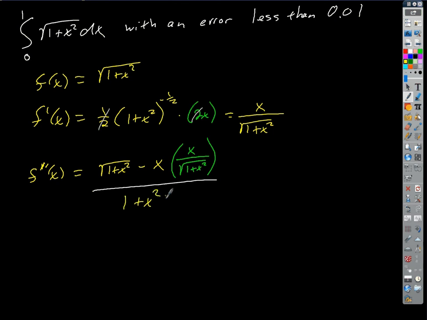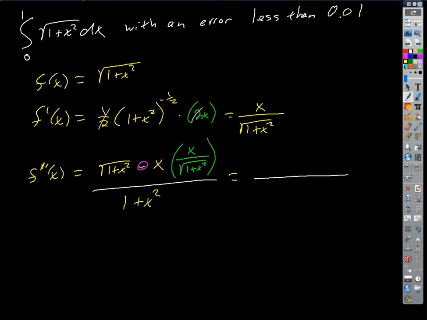Okay, so then we can simplify this. If I get a common denominator here of the square root of 1 plus x squared, that's one way to look at this. Wouldn't I just multiply top and bottom by that here, right? So does everybody agree then we're going to get from this term, so we'll go ahead and put a circle around that so we can keep track of where that minus sign is, separating the two terms.